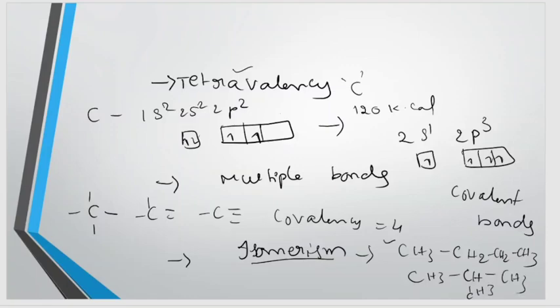These two have the same molecular formula and the same molecular mass, but they differ in their physical and chemical properties, and those compounds are said to be isomers, and that phenomenon is called isomerism.